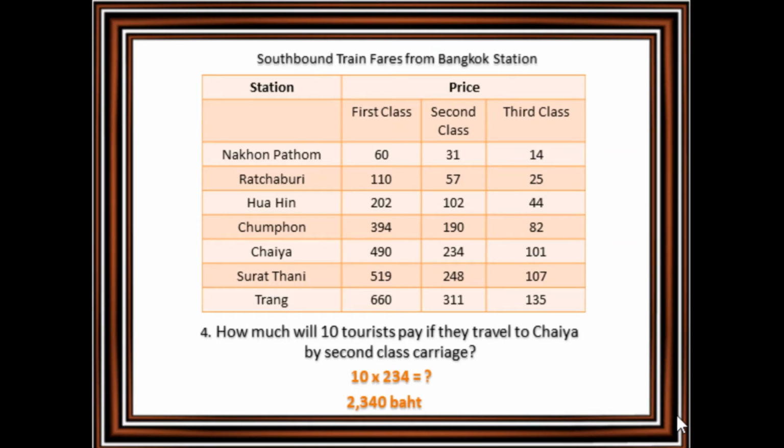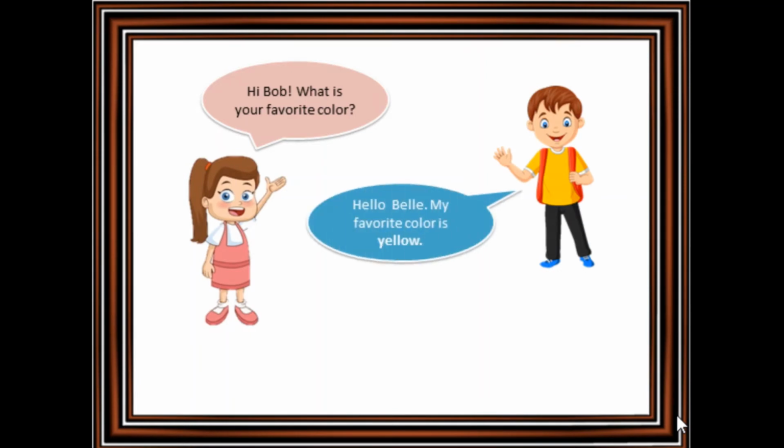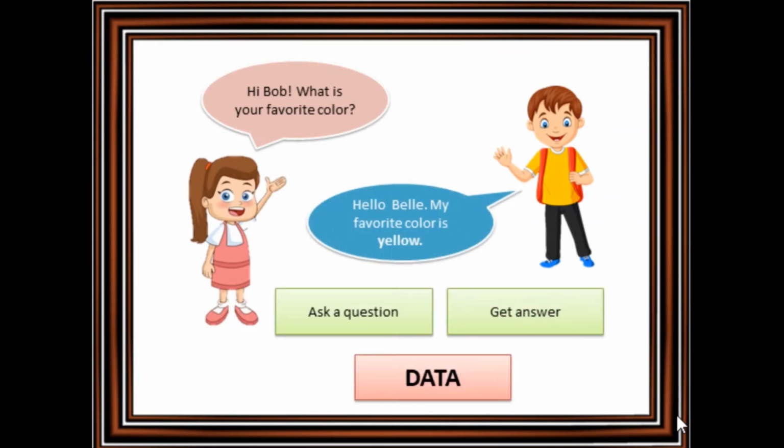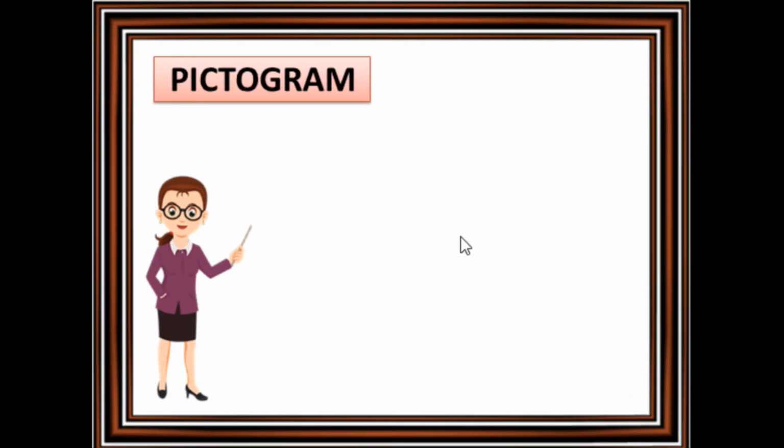Alright, very good. Now, we're going to get some data again. And we are going to categorize those data in another type of chart. This chart is called a pictogram.